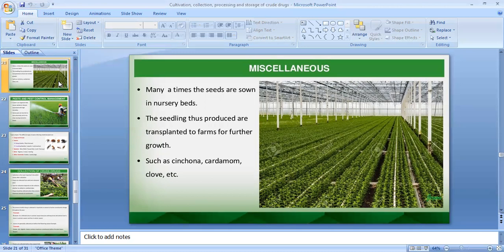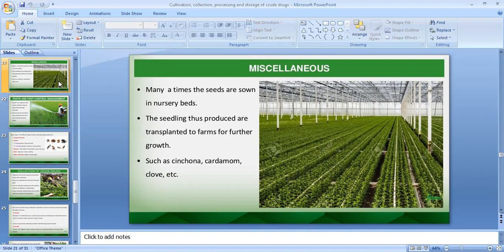First, many a time the seeds are sown in nursery beds. Second point, the seedlings thus produced are transplanted into the farm for further growth.